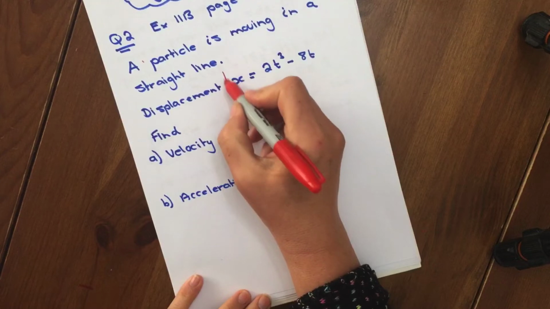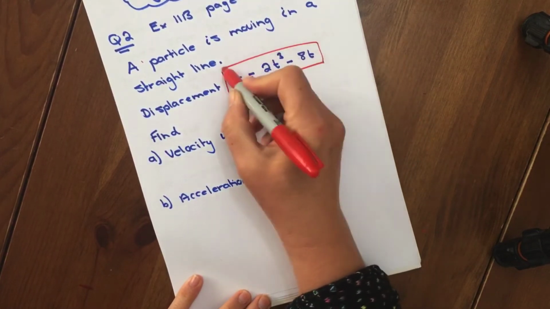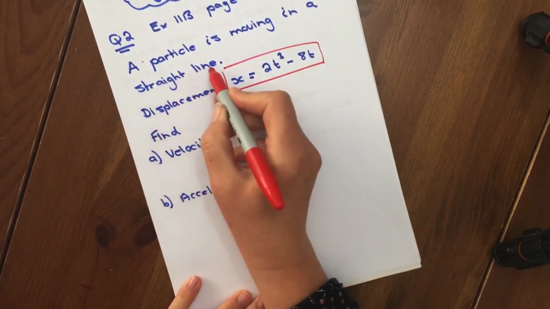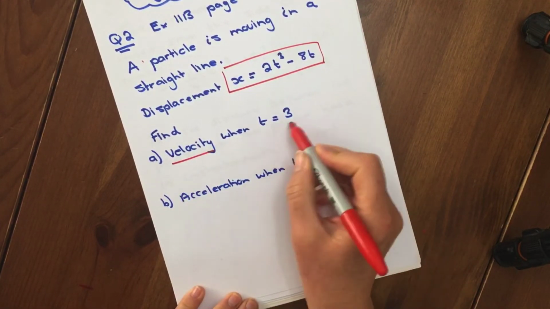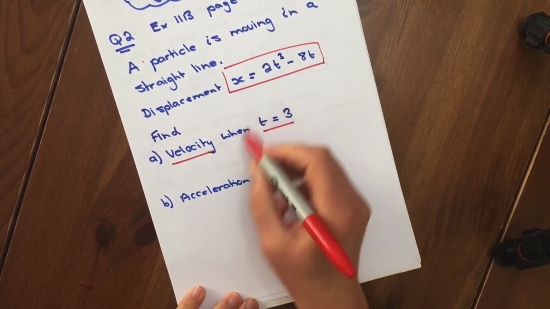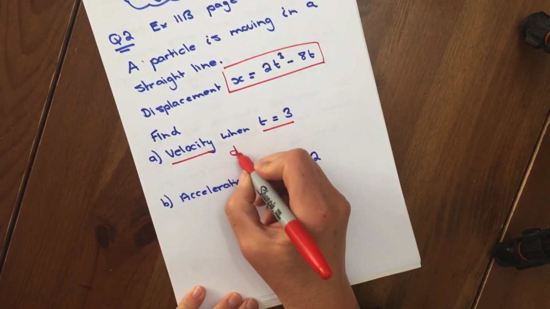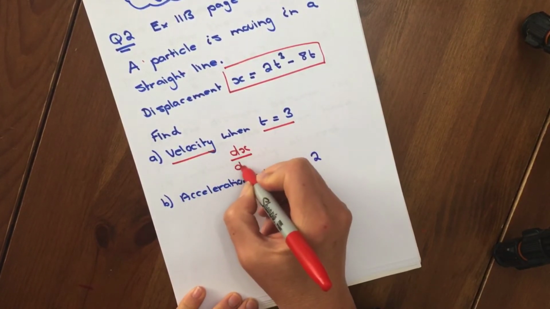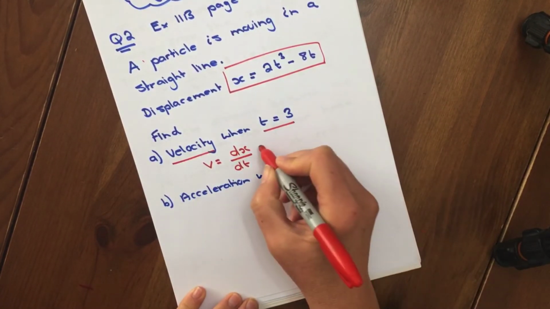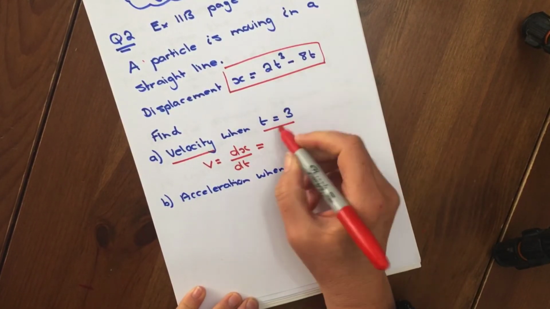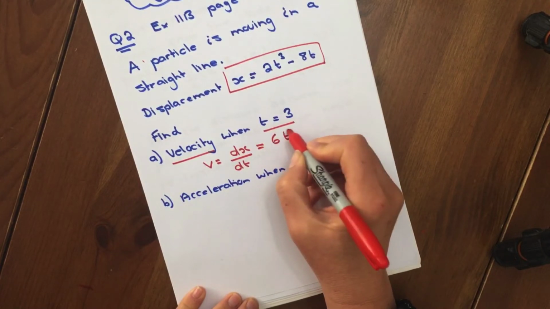Right, so you're given the displacement of the particle here, and it's moving in a straight line, and you want to find the velocity when t is 3. So to get velocity, it's the rate of change of displacement. So I'm going to differentiate, bring the power down, take 1 off the power.